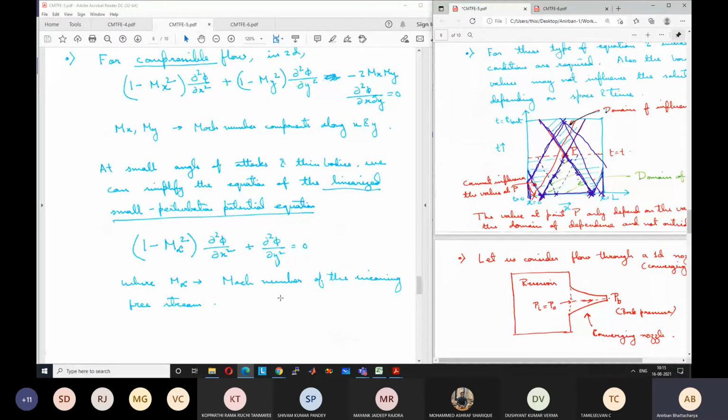That's why it is denoted by this infinity sign. So this is only valid when the flow is almost aligned with the body and flow over a thin body. So this is our equation of concern.